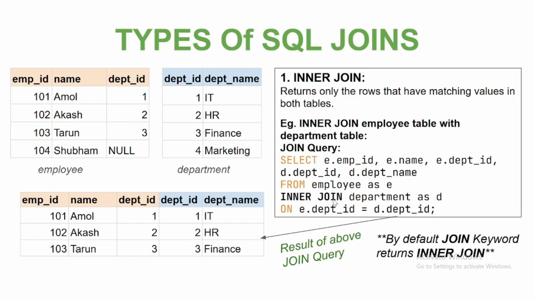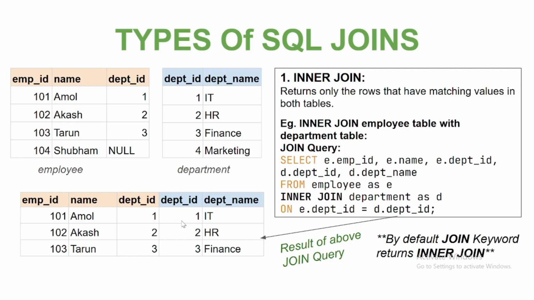Here the join type is inner join, and then the department table, with which we are joining, as D. The basis is the common column, department ID, so E.department_id equals D.department_id. By default, even if you don't write INNER and only use the JOIN keyword, it returns the inner join. And when we write this query, the result will be this.